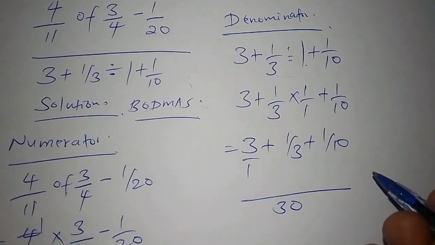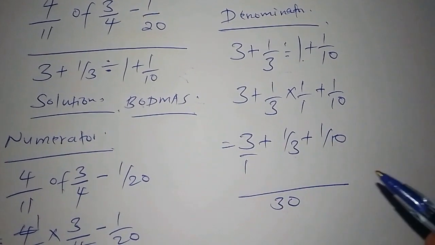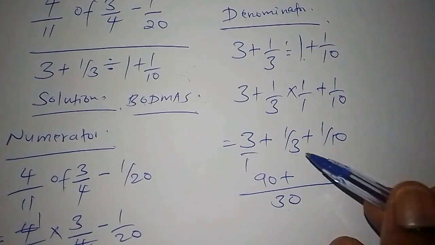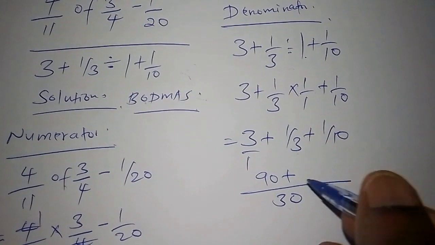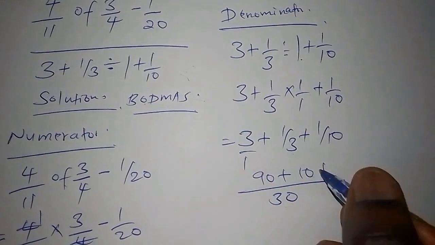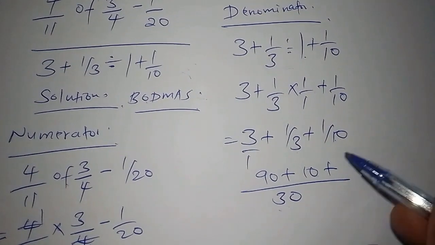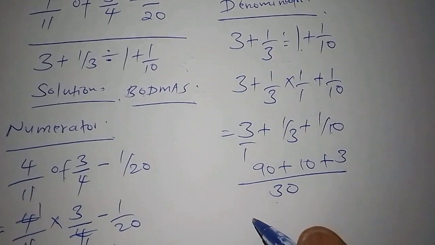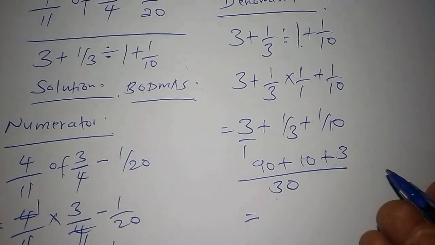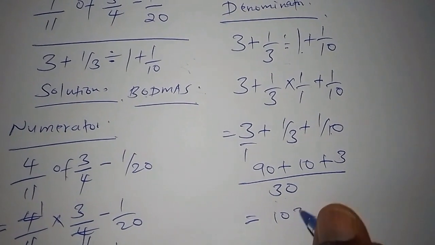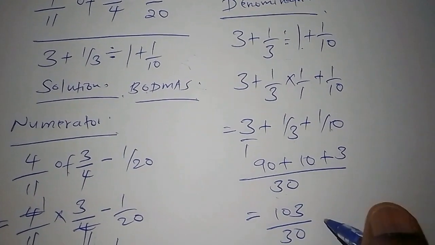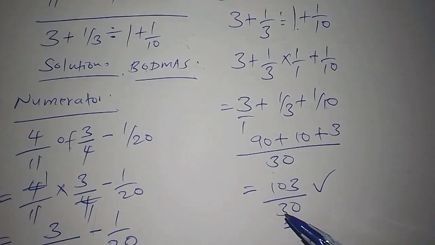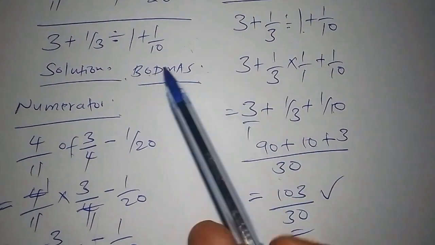So 30 goes into 1, 30 times and 30 times 3 is 90, add 2, 30 goes into 3, 10 times and 10 times 1 is 10, add 2, 10 goes into 30, that is 3 times and 3 times 1 is 3. So when you add up everything, we shall get our answer 103 out of 30. That one now becomes the second answer, the answer for the denominator.